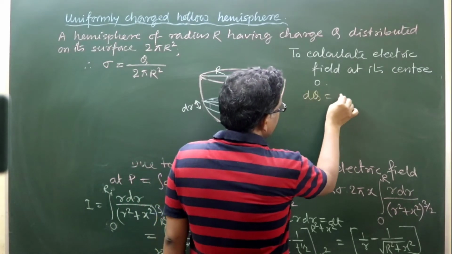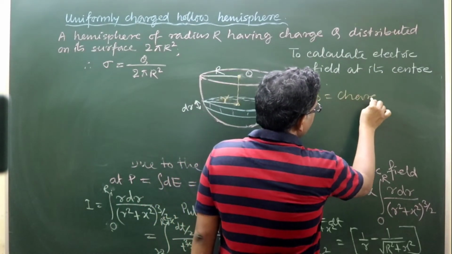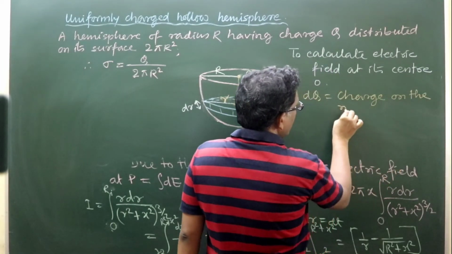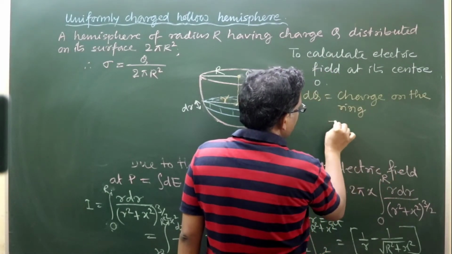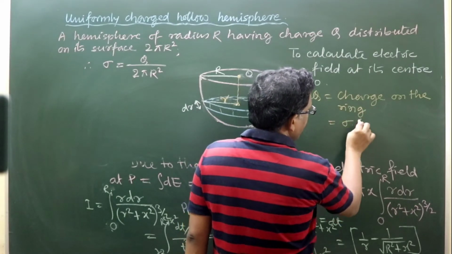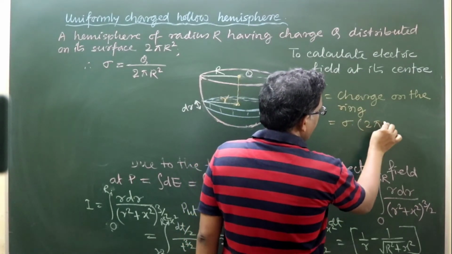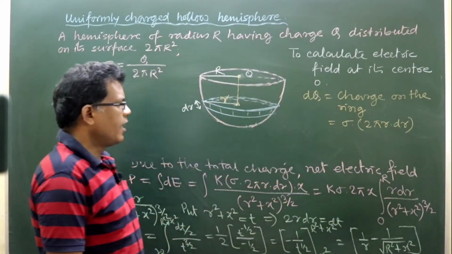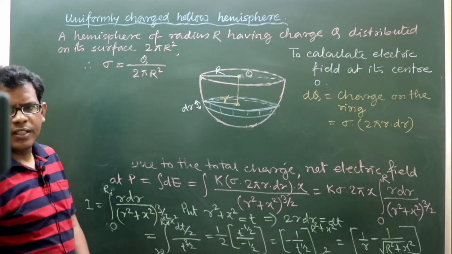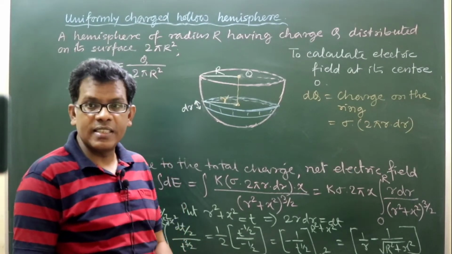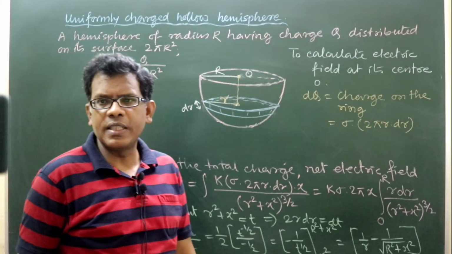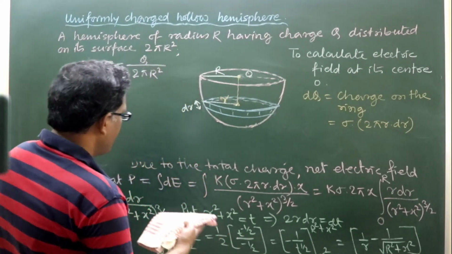So therefore dq, that is the charge on the ring, we can define as charge per unit area, and area will be circumference into thickness, right? The ring has circumference 2 pi r and its thickness is dr. So sigma into 2 pi r dr will represent the charge of the ring.